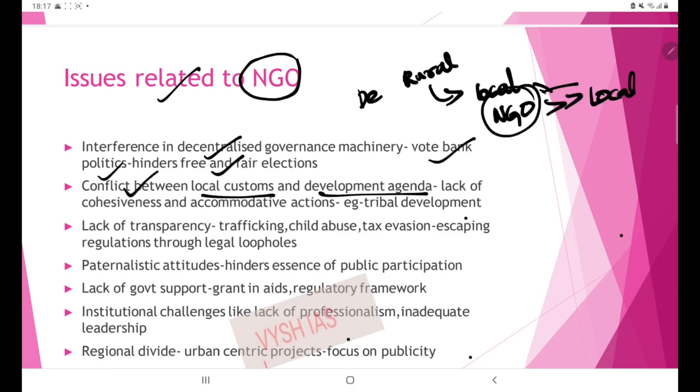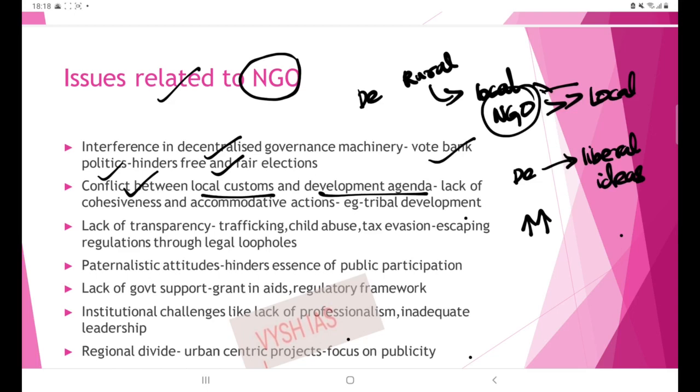What this means is that development is like incorporation of liberal ideas, but liberal ideas can't be incorporated all at once in a country like India, which is having more of socio-cultural norms. People can't be pacified to follow liberal ideas all of a sudden. So this becomes a conflict between the people and NGOs.